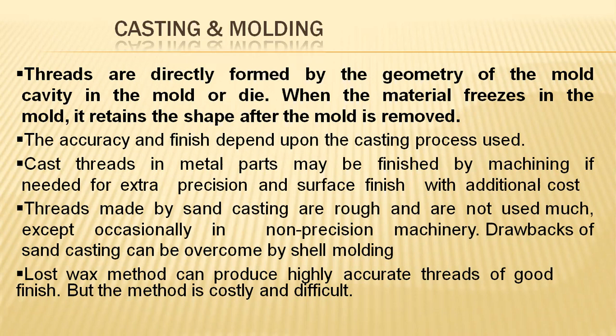Upon pouring the molten metal in the die, after it solidifies, the material is obtained in the particular shape, and it can be removed, and finishing is done at the output.